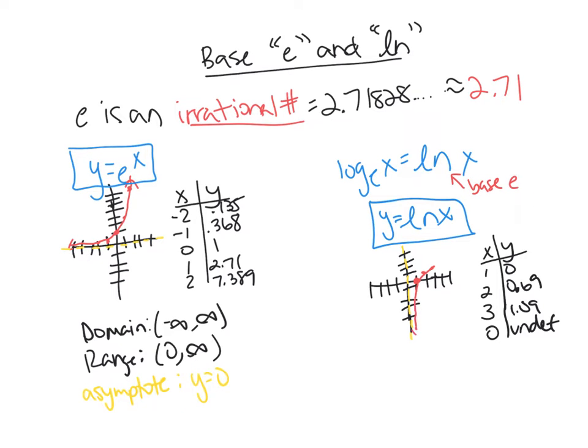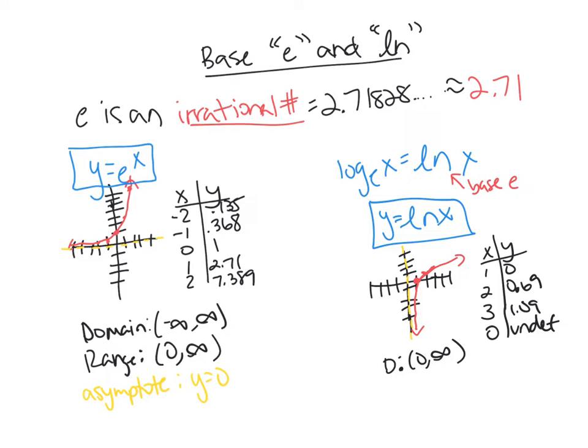It's going to go down to negative infinity, get closer and closer to that y-axis and never cross it, and then slowly increase on the right-hand side. So, key attributes of your parent function, natural log of x. Well, domain, remember, because these are inverses, if the range is 0 to infinity for base e to the x, natural log's domain is going to be the same, 0 to infinity.